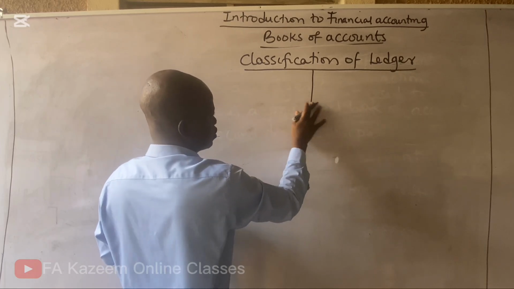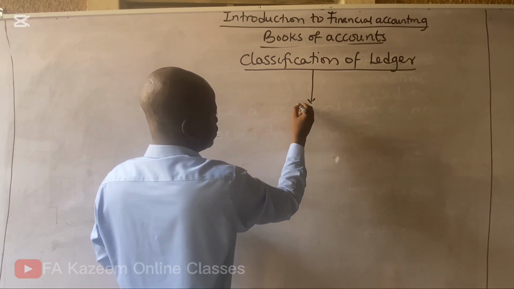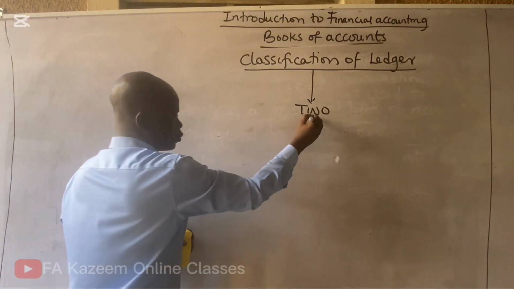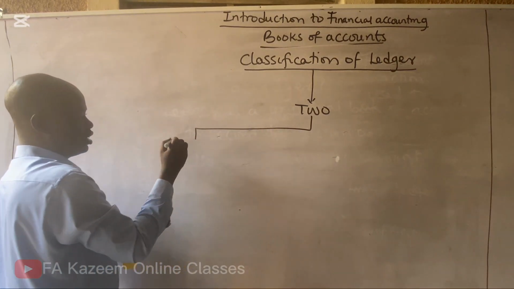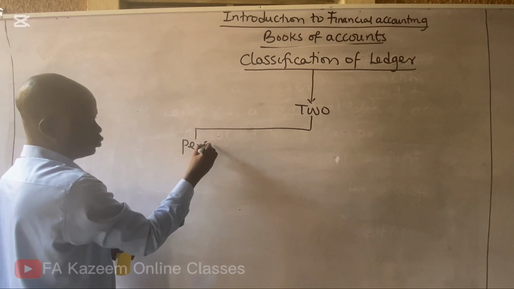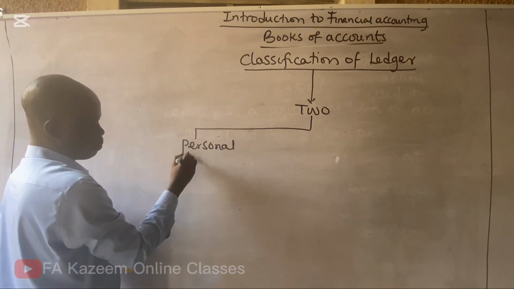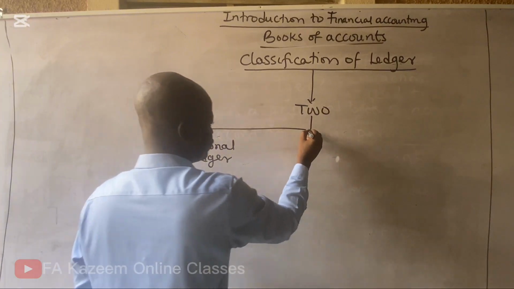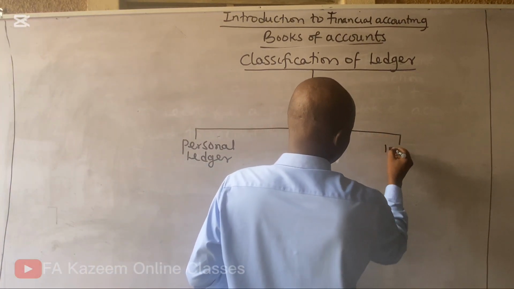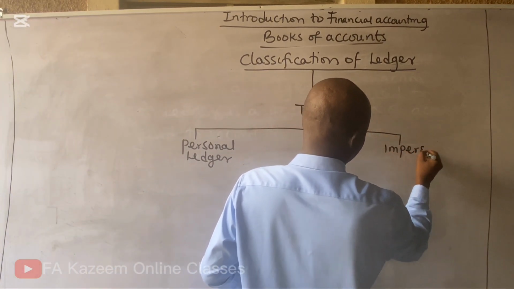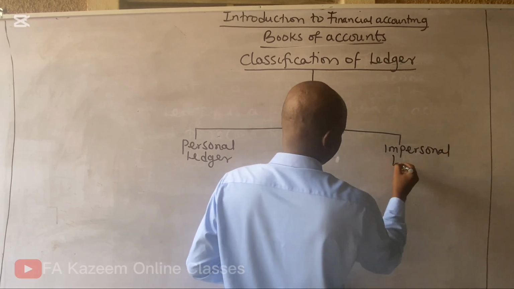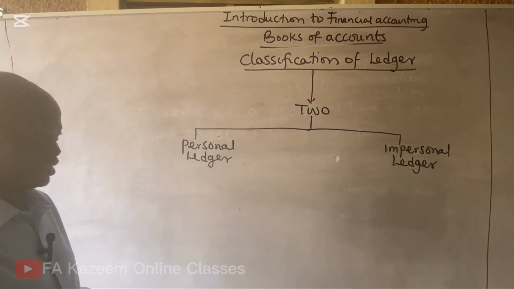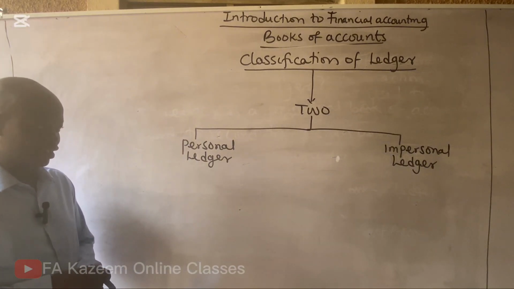Ledger is classified into two. One, ledger is classified into personal ledger and also impersonal ledger. Those are the two classifications of ledger.